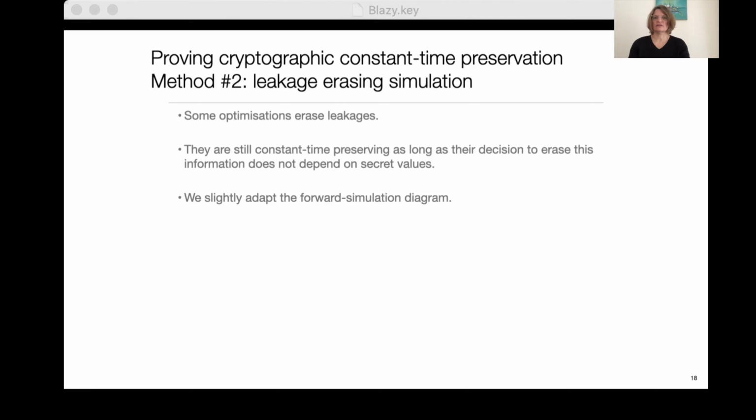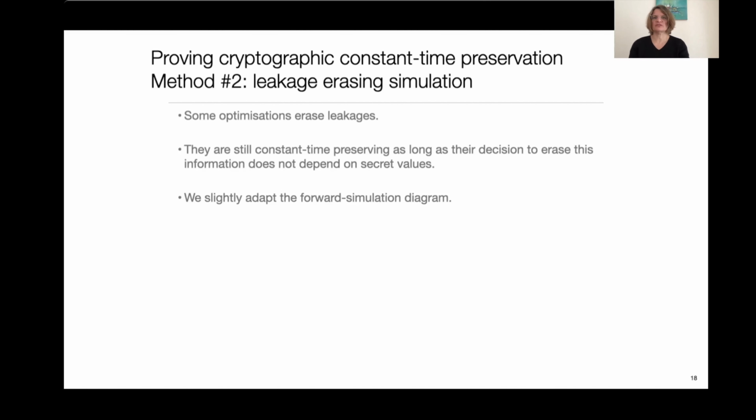Unfortunately, the first method is not adapted to program transformations that modify the trace of leakages. So we have defined a second method that is adapted when leakages are erased by a transformation. This is adapted, for instance, to register allocation.